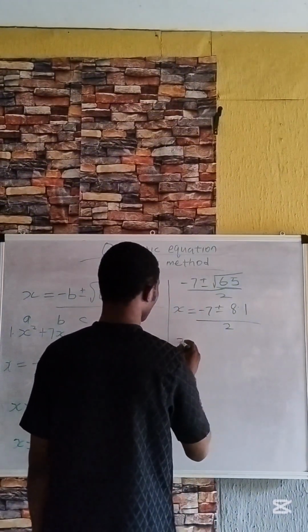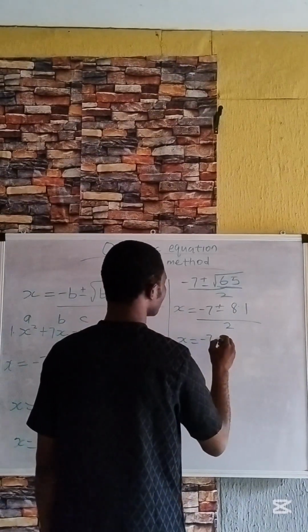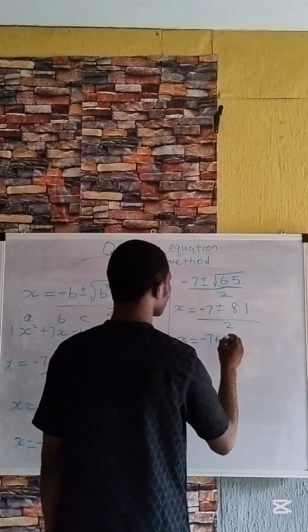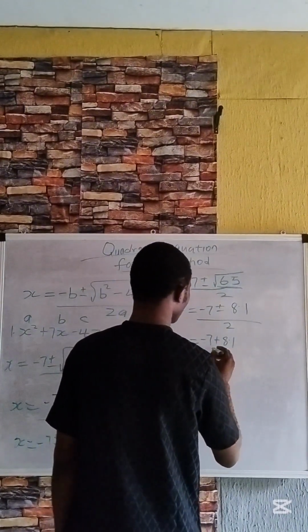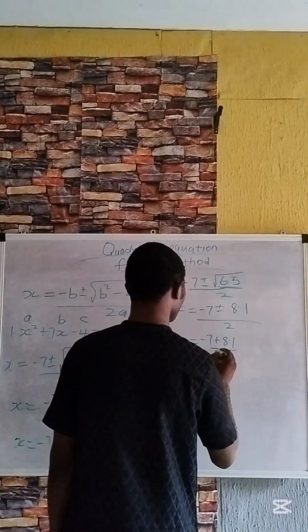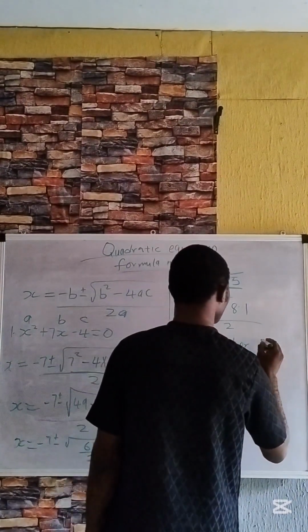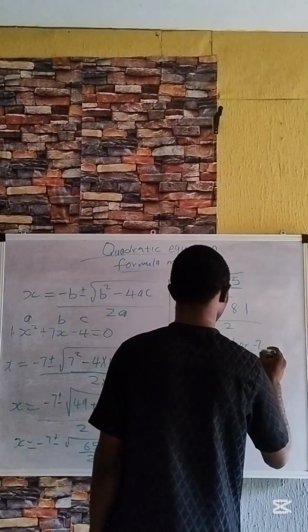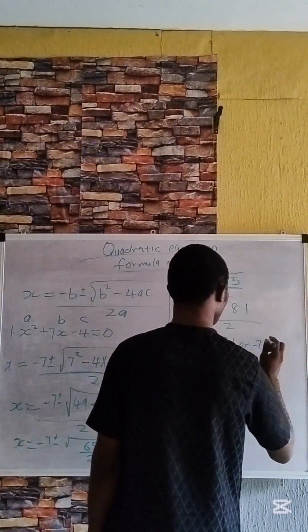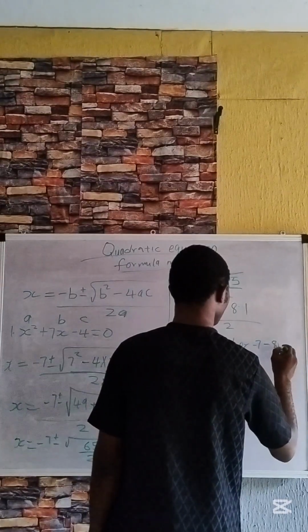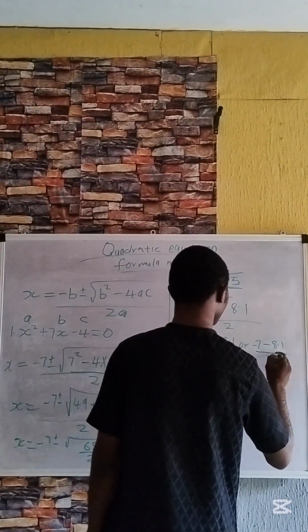So this will now be x equals -7 plus 8.1 over 2, or -7 minus 8.1 over 2.